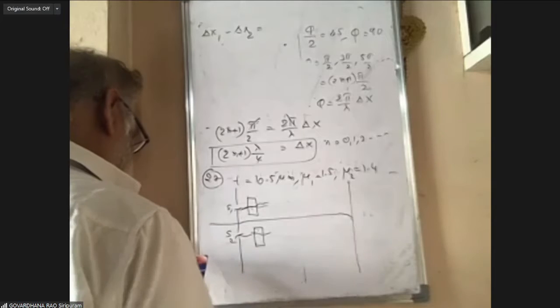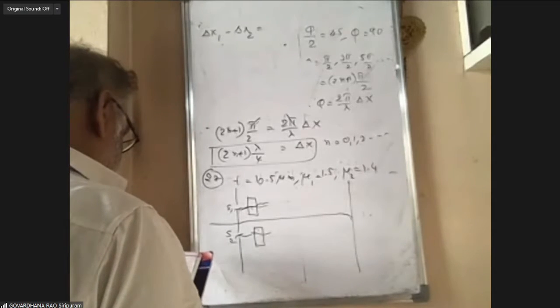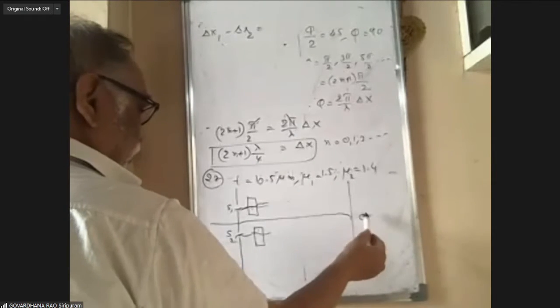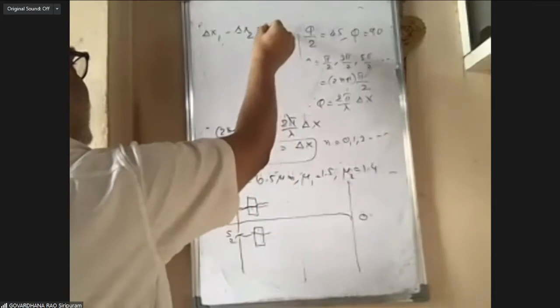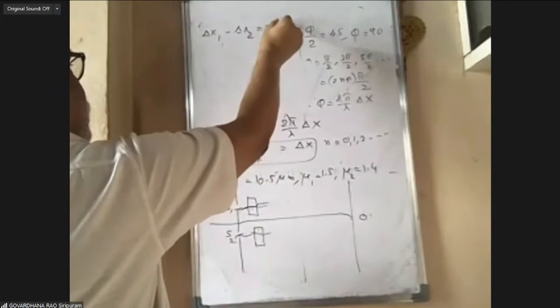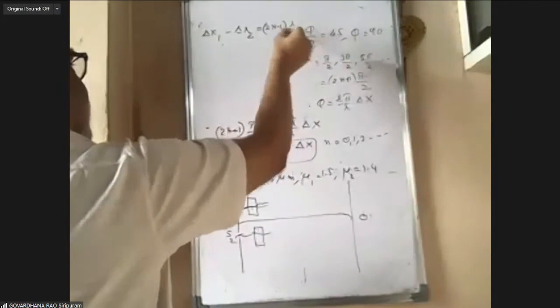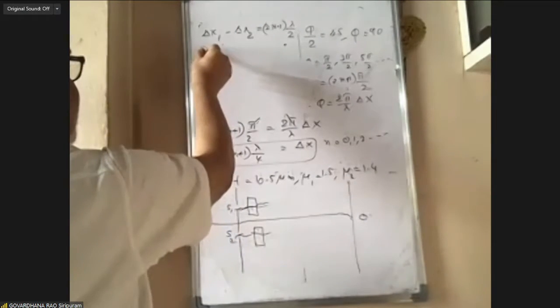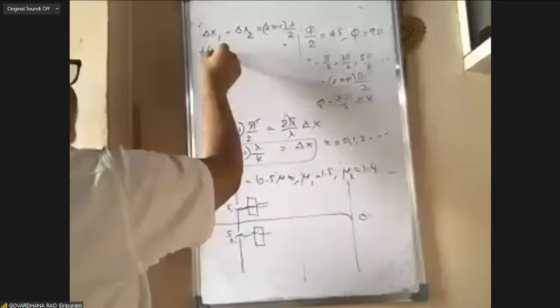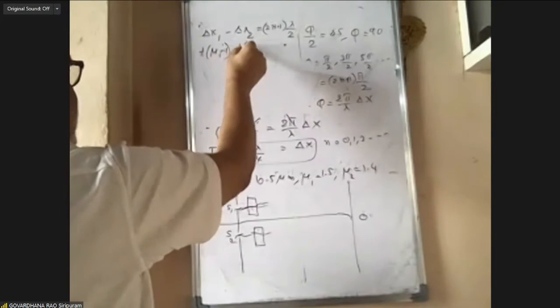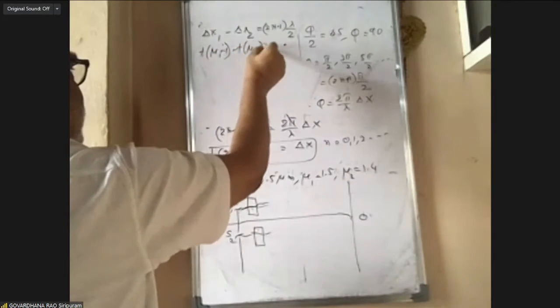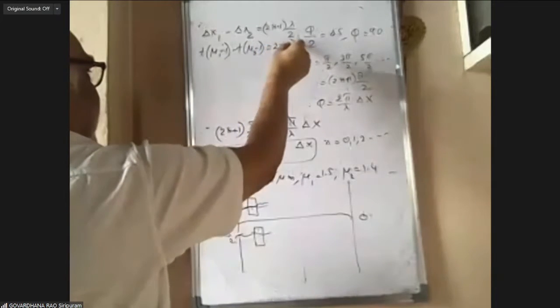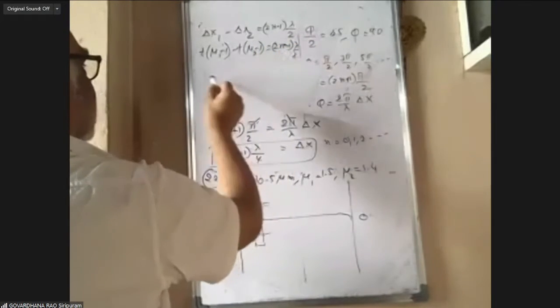At the center, you want to have minima exactly at O. What is the condition for minima? 2n minus 1 into lambda by 2. What is the delta x? t into (mu1 minus 1) minus t into (mu2 minus 1) is equal to (2n minus 1) into lambda by 2.